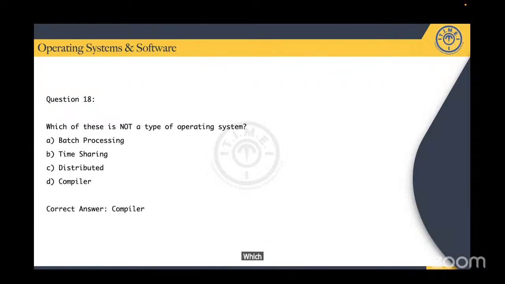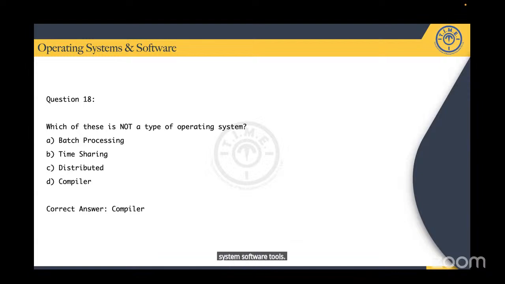Which of these is not a type of operating system? We have four options, right? And the correct answer is compiler. Why? Here, we must clearly separate operating system from system software tools.